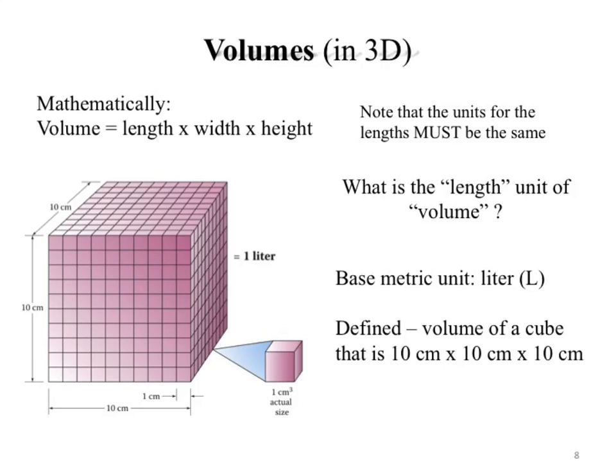Our liter volume is defined as the volume of a cube that is 10 centimeters by 10 centimeters by 10 centimeters. Which means, what's the number associated with that? I don't know, it's kind of a weird thing. If we did that, 10 centimeters by 10 centimeters by 10 centimeters, what do we end up with as a unit? 1 liter equals 1,000 centimeters cubed.